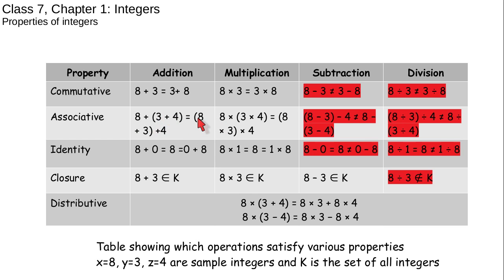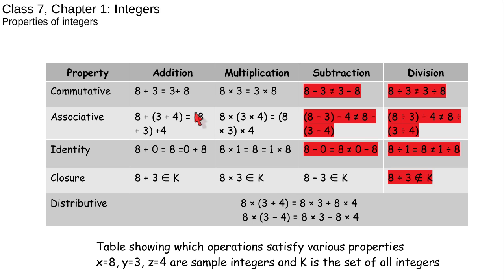Now similarly here 8 plus 3 are placed in brackets and 4 is outside. So according to BODMAS, you will have to do this operation first, 3 plus 4 first and then add it to 8. And the answer will be 3 plus 4 is 7. 7 plus 8 is? Yes, 15.